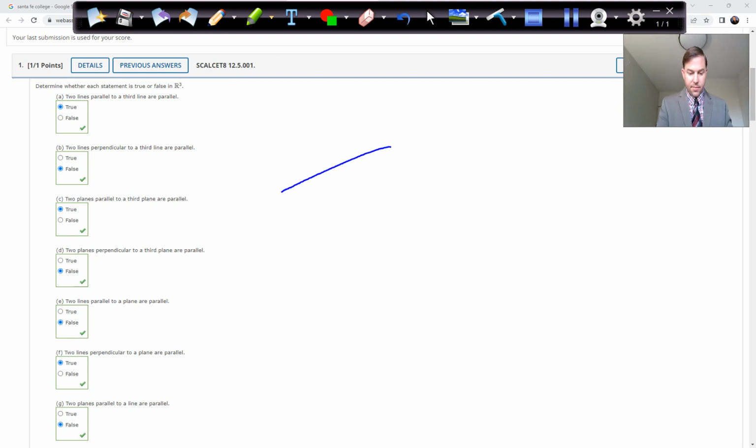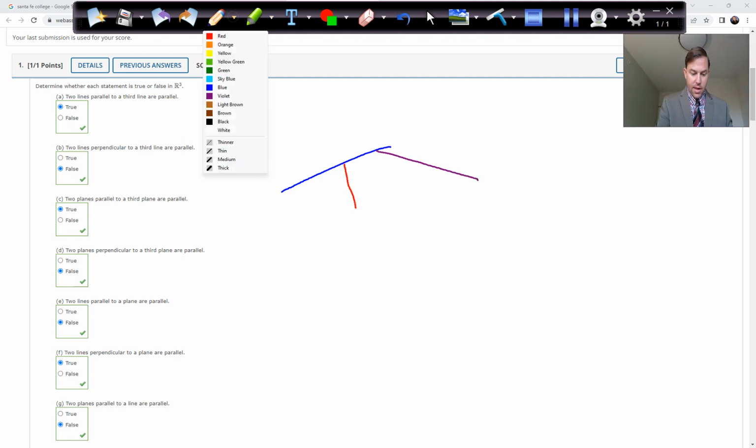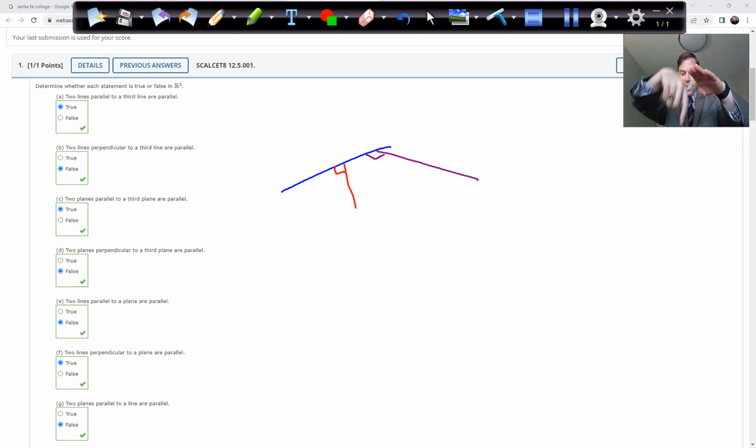So here's a line, and I can have a perpendicular line going down like this, and again in 3 dimensions, you could have a line coming out like that, and this is 90 degrees, and this is 90 degrees. So you got a line, and you got one going down, and then you got one going off at some angle, but it could still be 90 degrees based on the plane that it creates with the blue line.